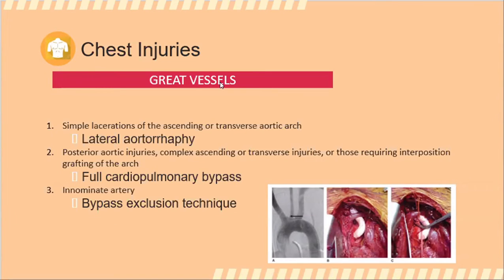For posterior aortic injuries, for complex ascending or transverse injuries, or those requiring interposition graft, we need to do cardiopulmonary bypass so we have more control of the field and it's not bloody. We can manipulate and dissect the vessels properly, and we can properly apply your artificial PTFE graft. For innominate artery, we can do bypass exclusion techniques.